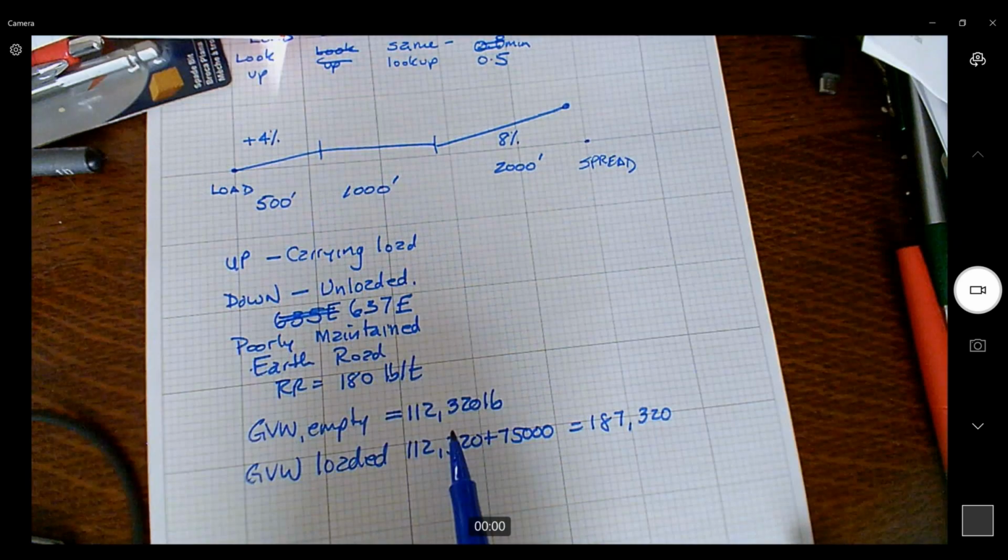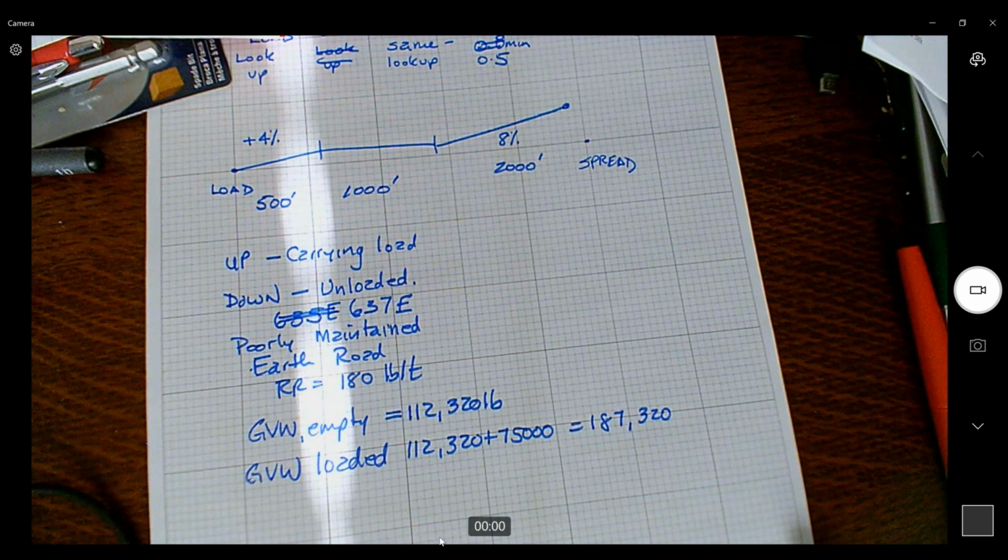So I've entered those values here, 112,320 and then 187,320.